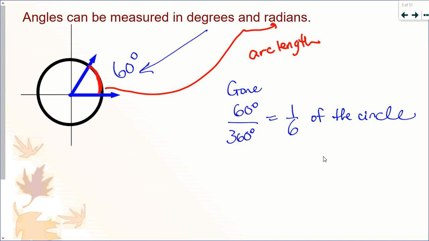1/6 of the circle. So the entire perimeter, or the circumference of the circle, is found by doing 2 times pi times the radius. And in this case, it's a unit circle, so it's 2 times pi times 1. So our radius is 1. So the whole circumference is equal to 2 pi.